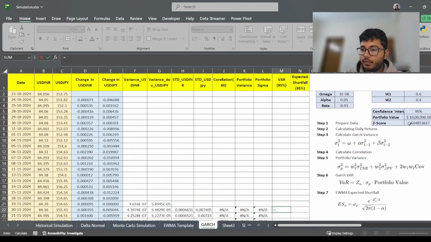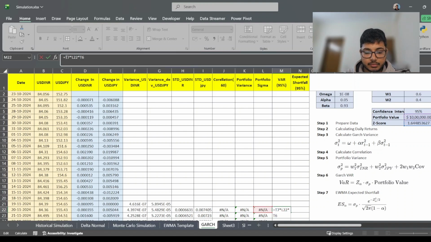The Z score for 95% is 1.64, multiplied by portfolio standard deviation, multiplied by portfolio value, which is 1 million. So we can fix the Z score value and portfolio value. We will get the VAR.